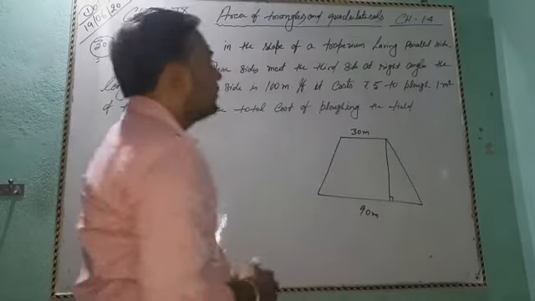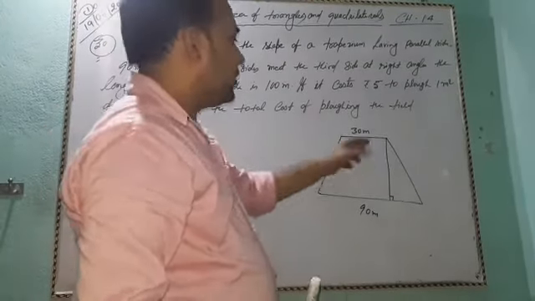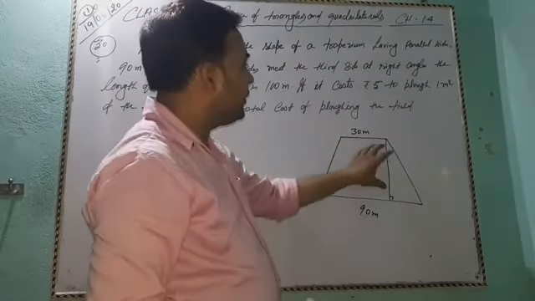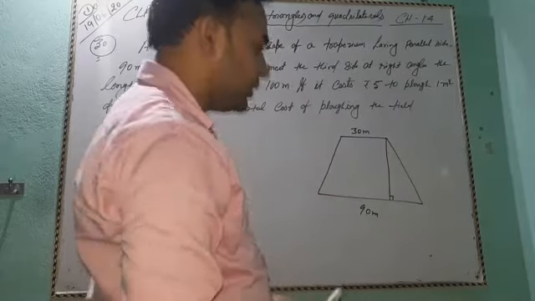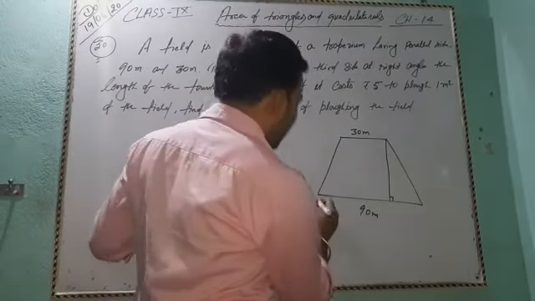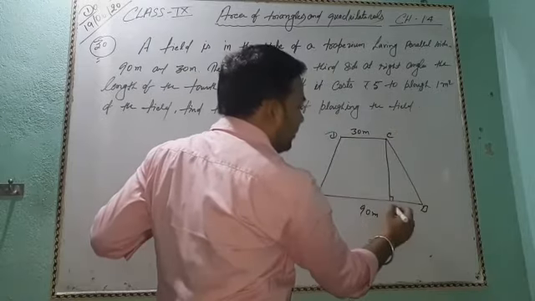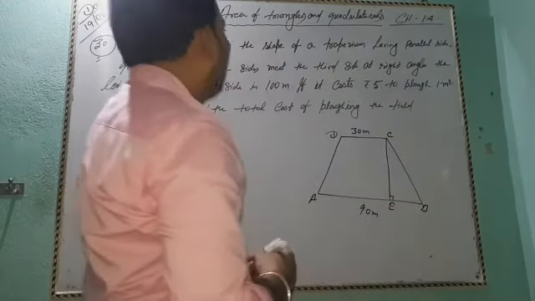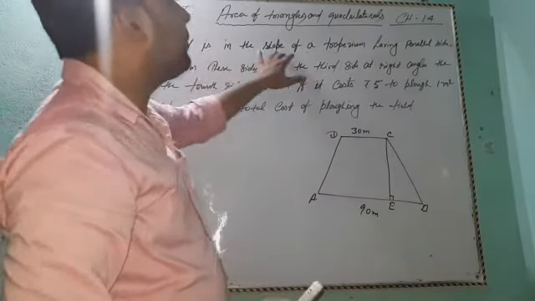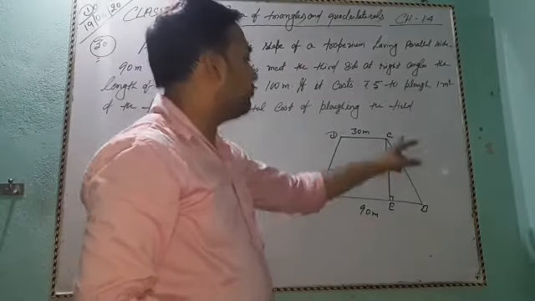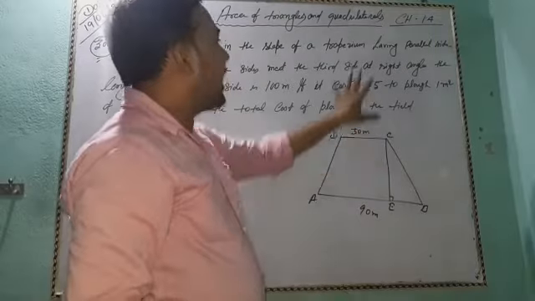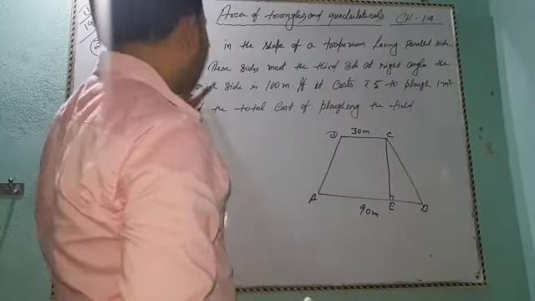Two parallel sides meet at the third side. So A, B, C, D, E. Students, a field is in the shape of a trapezium ABCD, having parallel sides 90 meter and 30 meter.